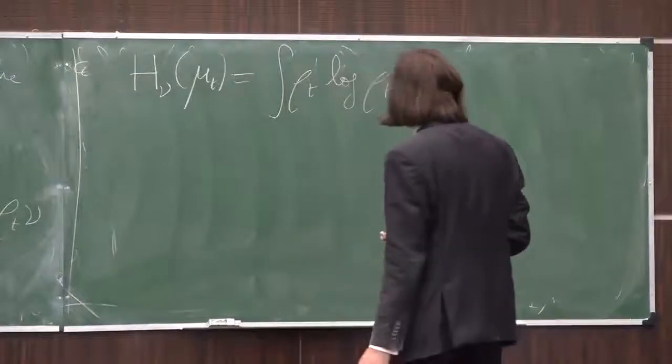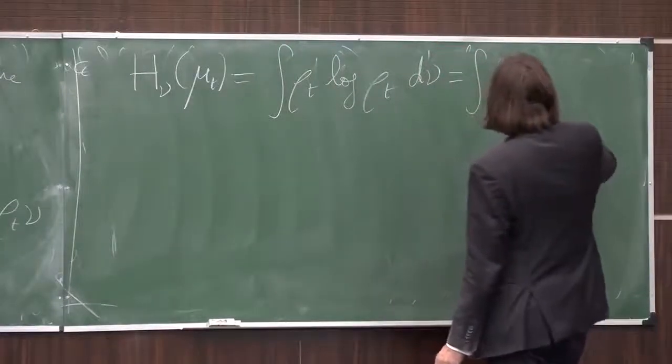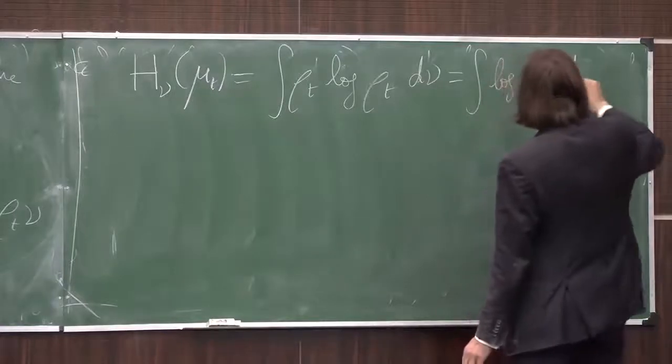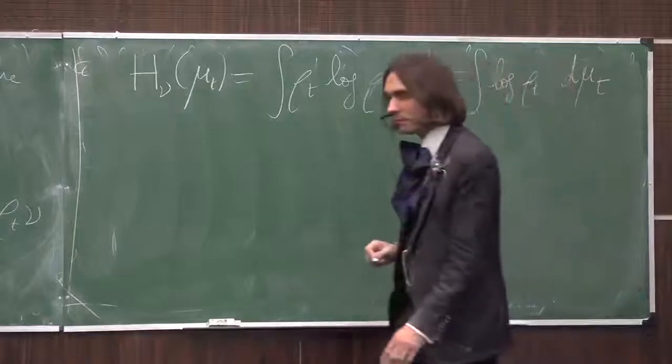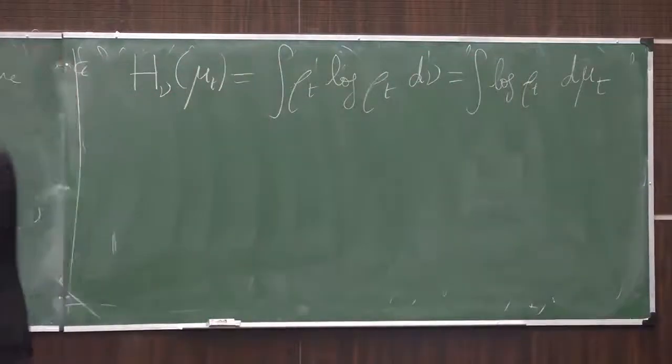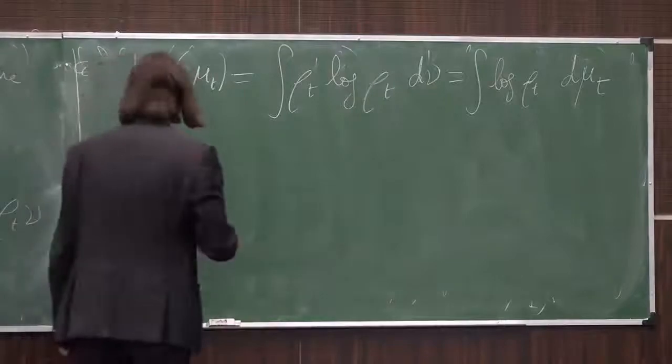Well, this is the same as the integral of log rho t d mu t. Now, because I have the push forward here, I can write the Jacobian equation.